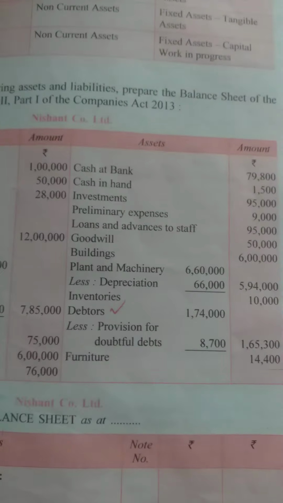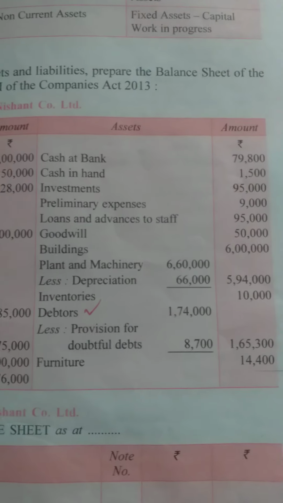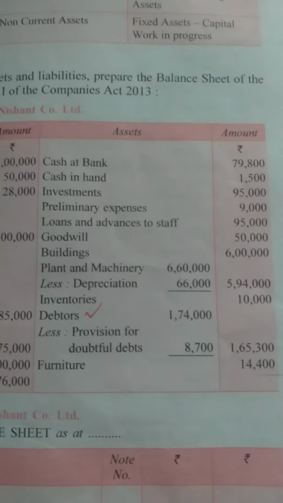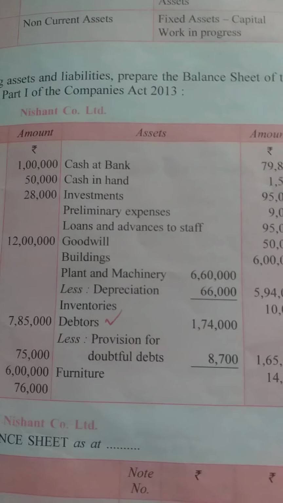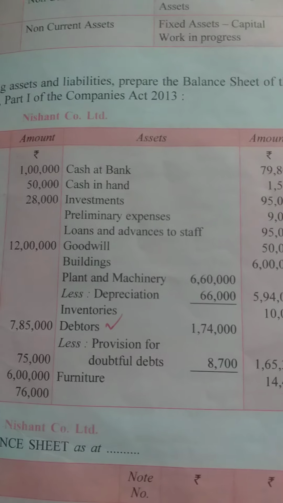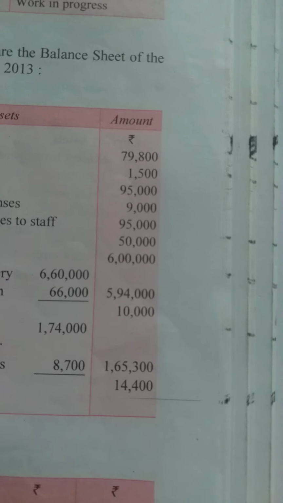What next? The next one is plant and machinery. And in this plant and machinery, the amount of depreciation is there, 66,000. Okay, so you have to put the final figure. Final figure, that is 5,94,000.